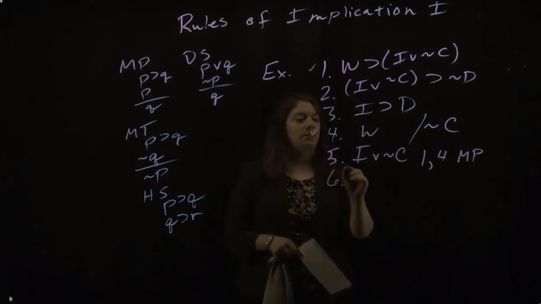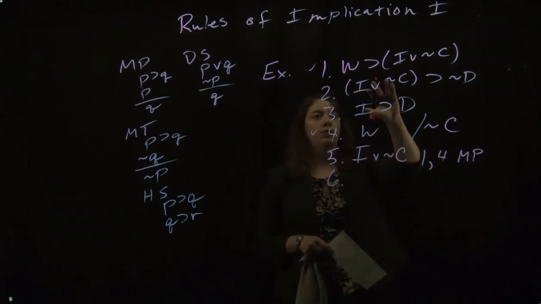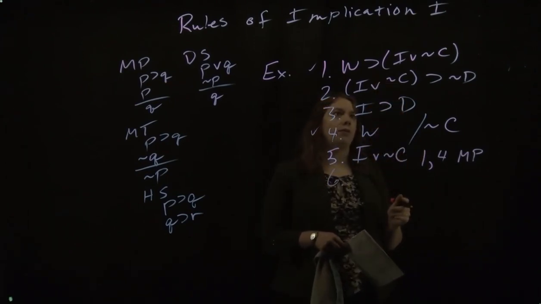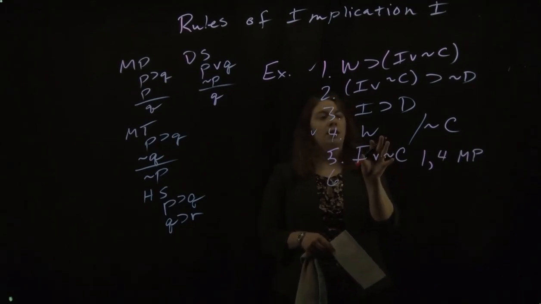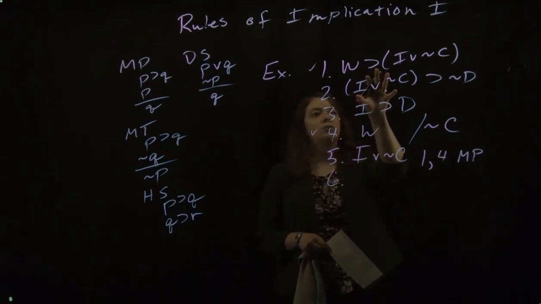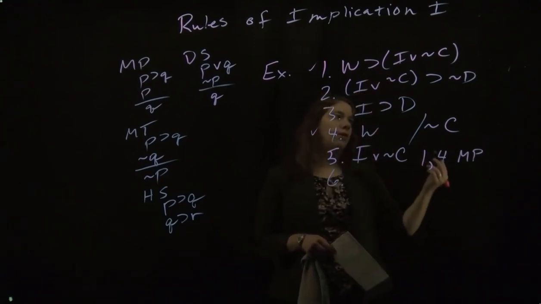The next step: what can we find with the new line that we've made and lines 2 and 3? Well, we can see that this line 5 is identical to the antecedent on line 2. So let's do that.